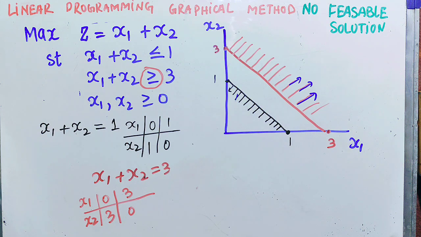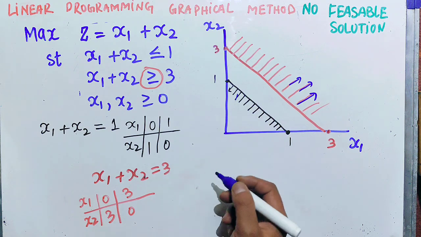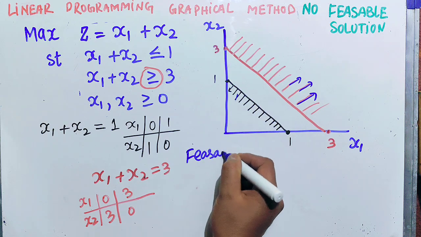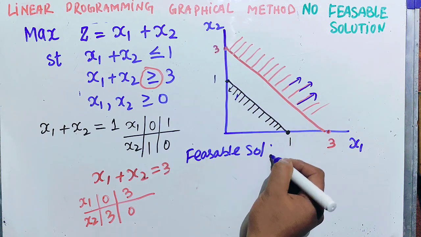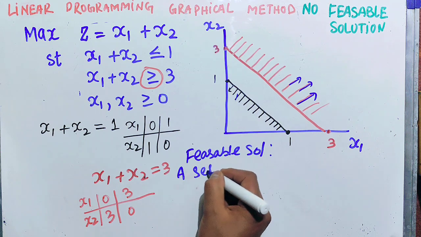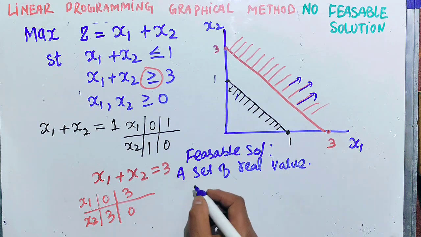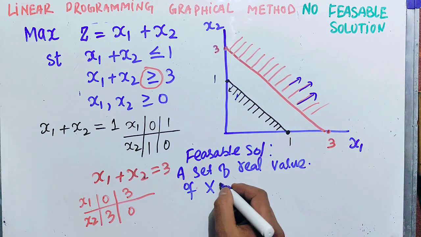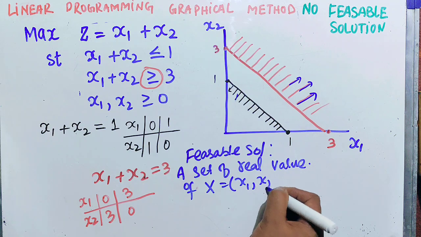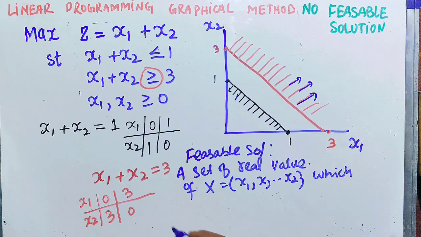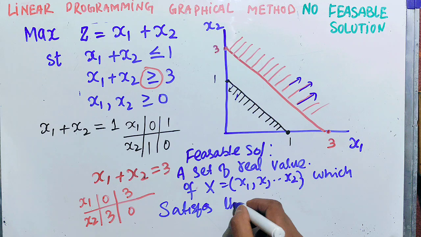If I write the definition of the feasible solution: a feasible solution means a set of real values of x, where x is equal to x1, x2 and so on up to xn, which satisfies all the constraints.